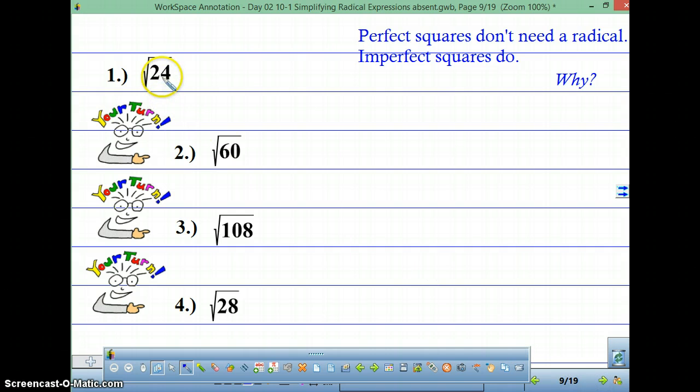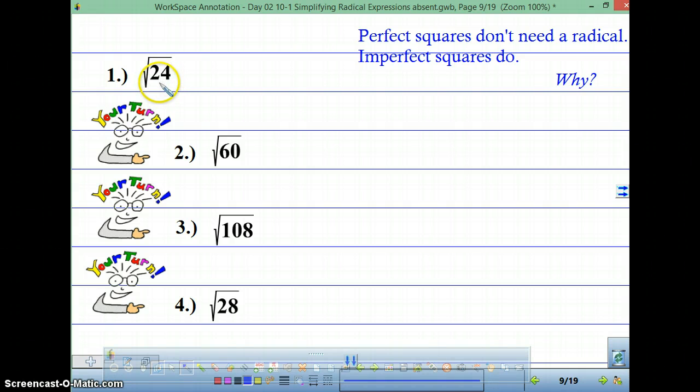Watch me do one more. Here I am with square root of 24. I need to look for perfect squares that are hidden inside there, that are factors of it. Do you see any perfect squares that are factors of 24? Well, you might actually. You might realize that's the same thing as 4 times 6, right?